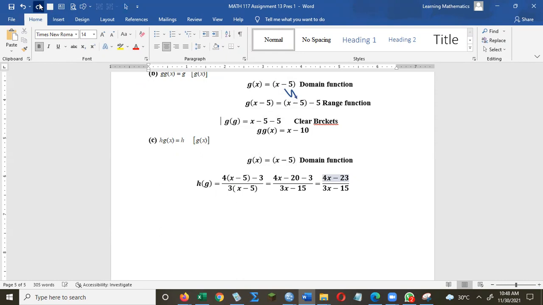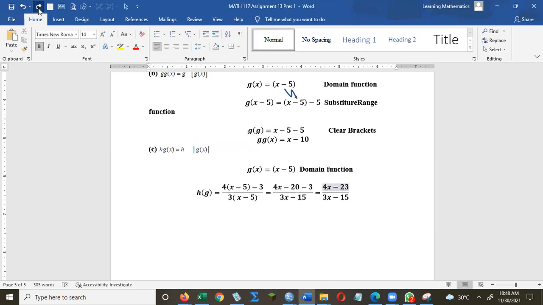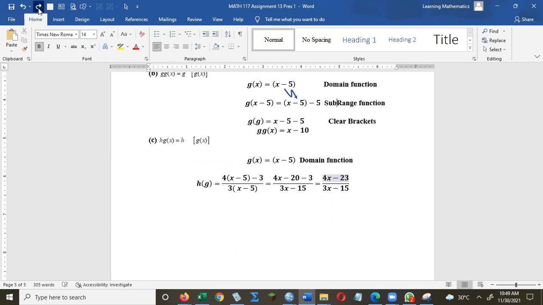The first thing is to identify the domain function, then the range function, then you clear brackets, and then you simplify. So that's basically how you go about composing two functions. The domain function, you substitute it into the range function, and then using brackets, you clear brackets, and then you simplify. You can call it a 4-step process if you want.